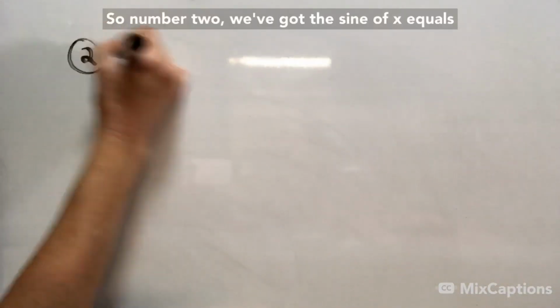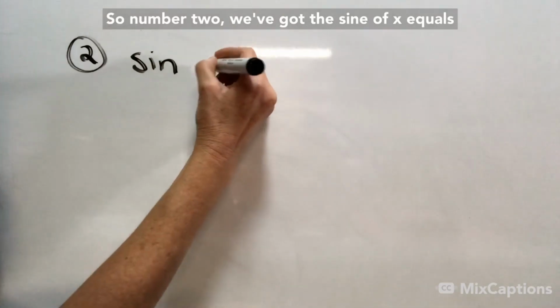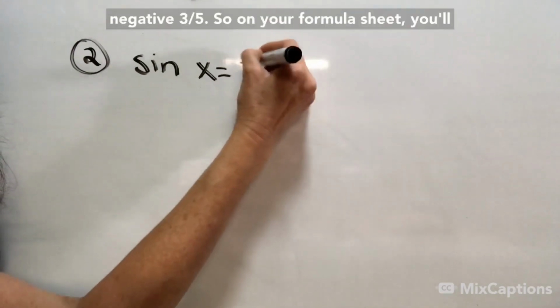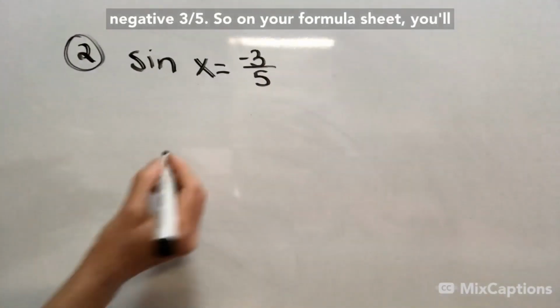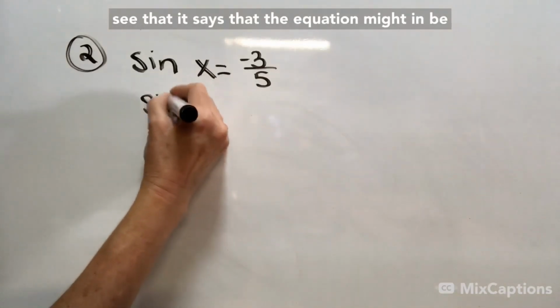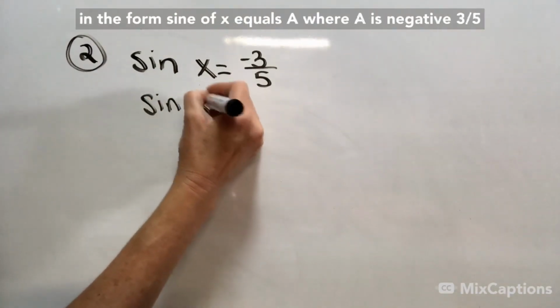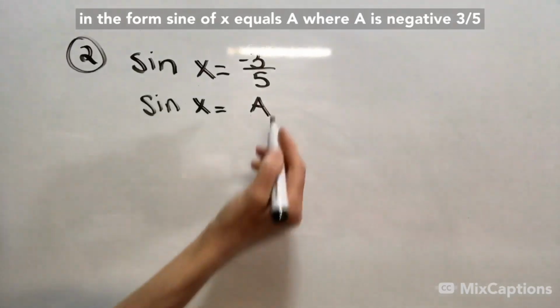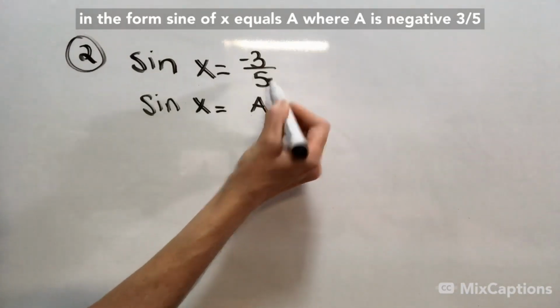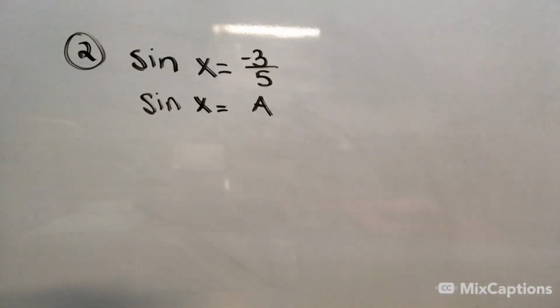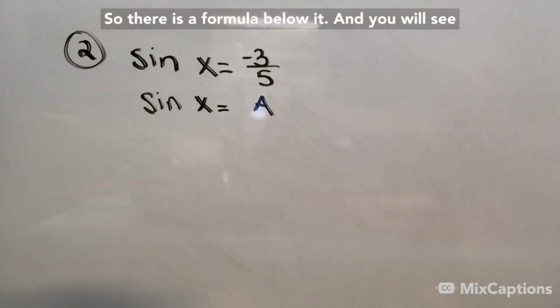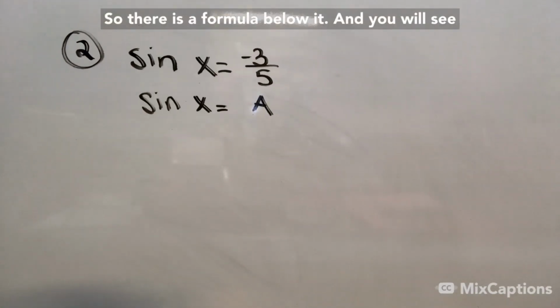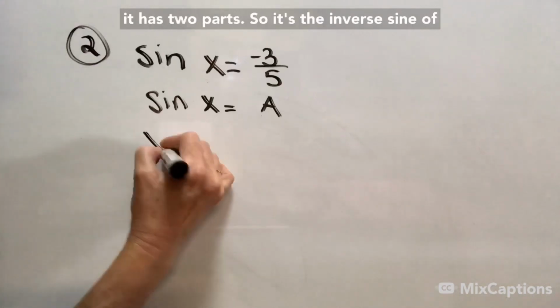So number 2, we've got the sine of x equals -3/5. So on your formula sheet, you'll see that it says that the equation might be in the form sine of x equals a, where a is -3/5. So there is a formula below it, and you will see it has two parts.